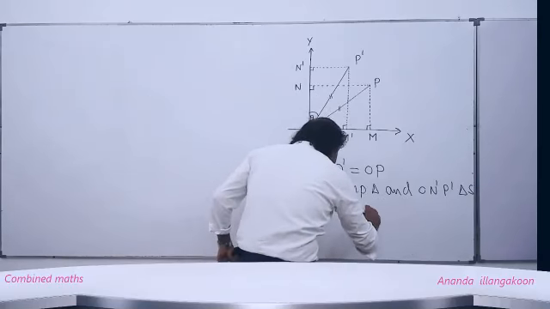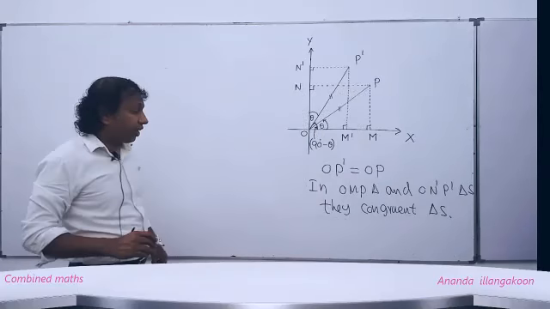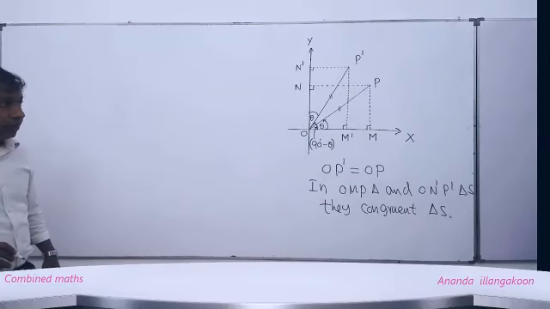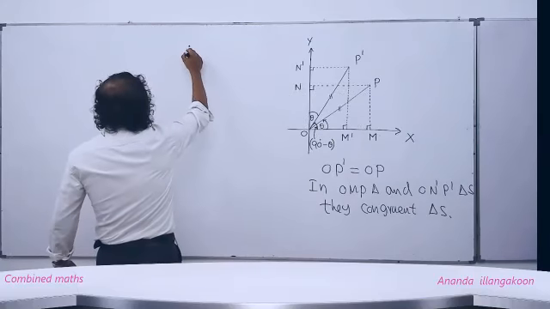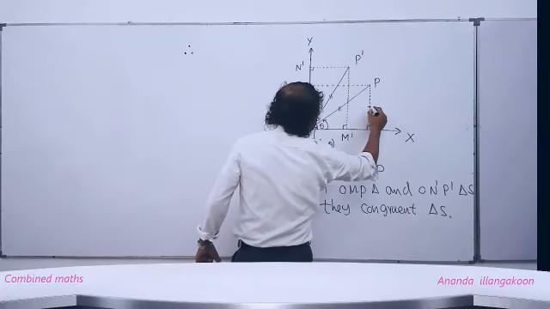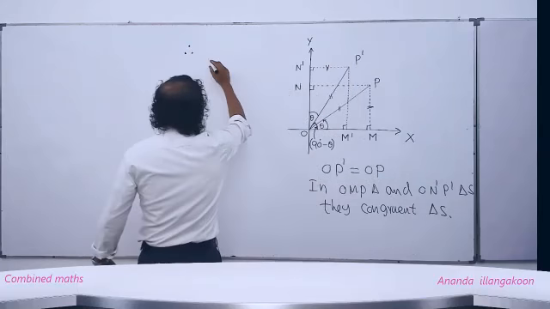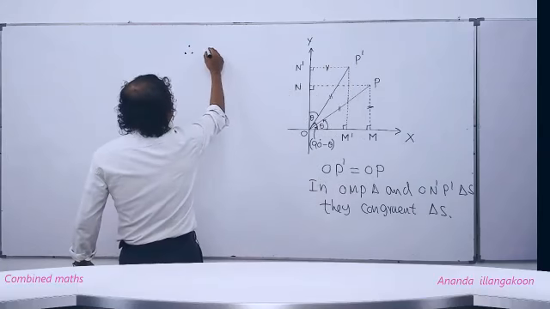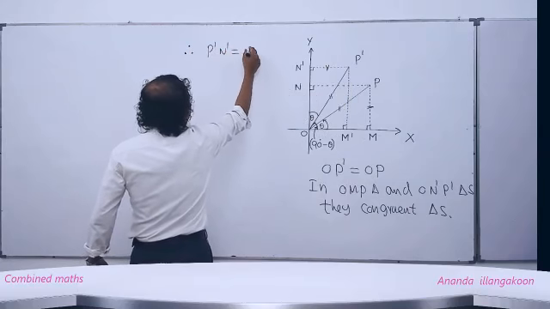Therefore, we can write that this PM length is equal to P dash N dash.